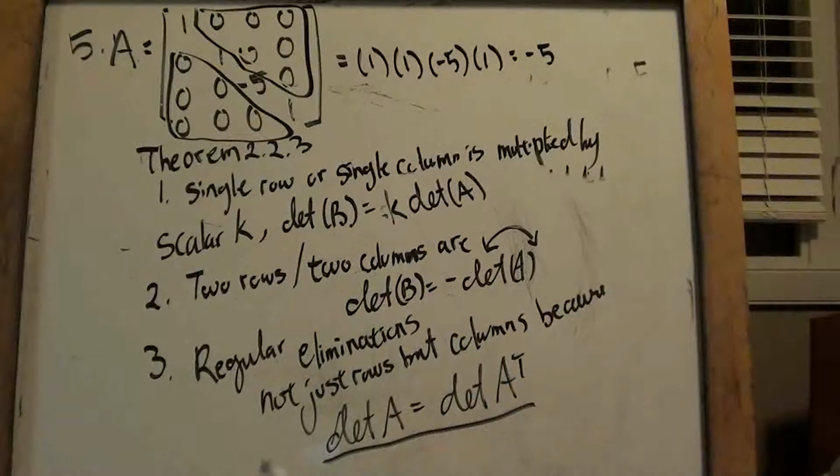Well, I should have made that a little more clear, but in questions 1 and 2, the whole point of doing those exercises was to give us some idea that determinant A is going to equal determinant A transpose. So what happens when we have an A transpose? Rows and columns are switched. So if rows and columns are switched but the determinant stays the same, then it really doesn't matter whether we manipulate by row or by column.